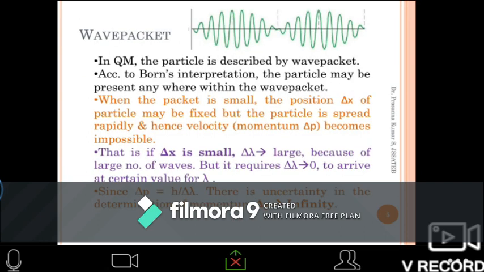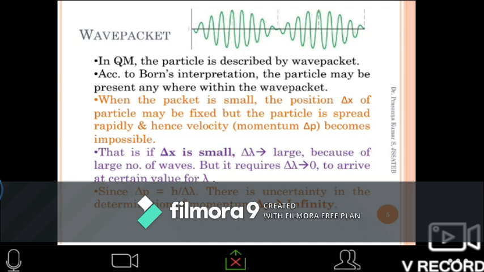Now look at the green one. Due to superposition of many waves, we see that this is the resultant wave. As you already learned from interference, it has nodes and antinodes.